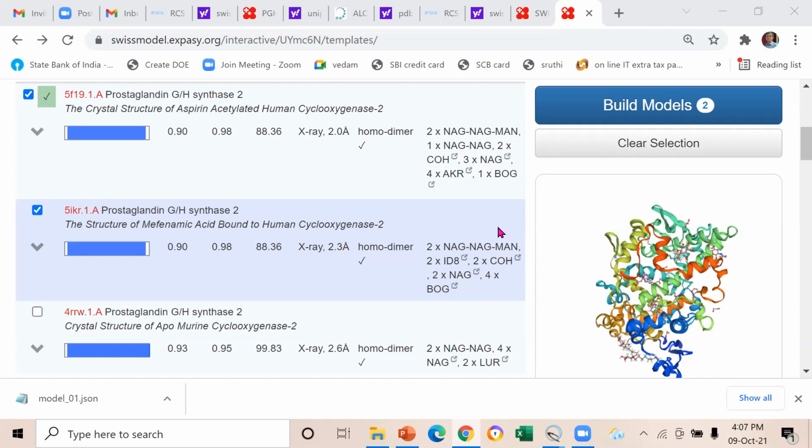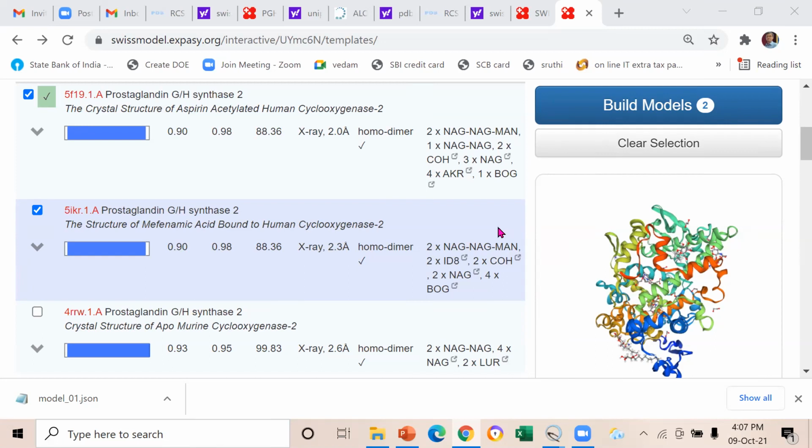Then all the animal studies are based on that, and we can isolate that protein. Suppose there is a tumor you want to study, I can develop such tumors in animals, then isolate the protein. I can't do that in humans, right? So that is the problem. In many cases, you will have animal-based targets. You will not have human-based targets.